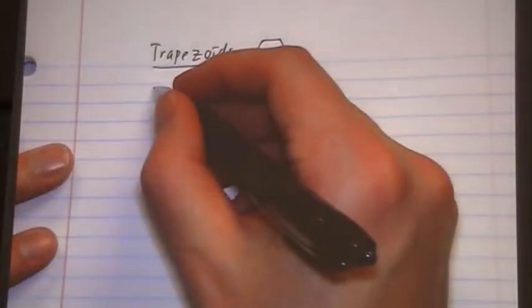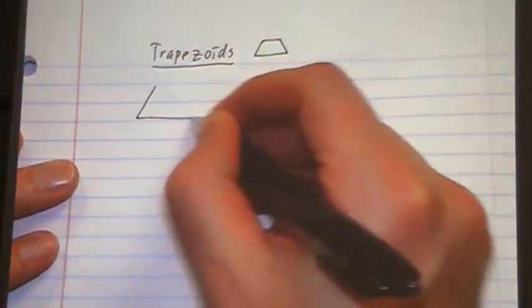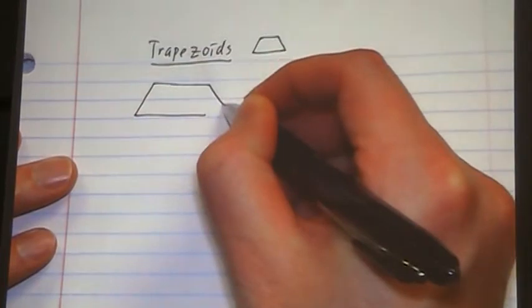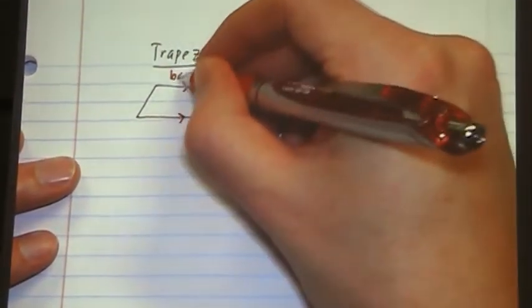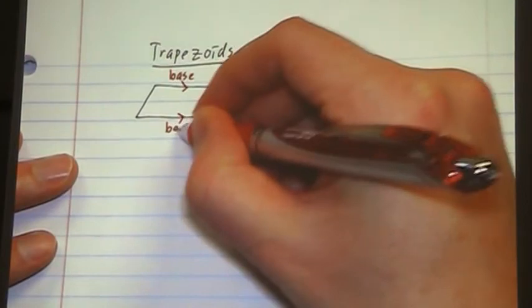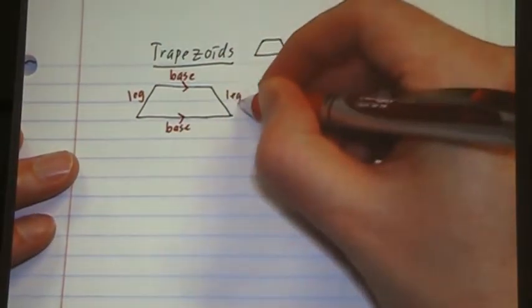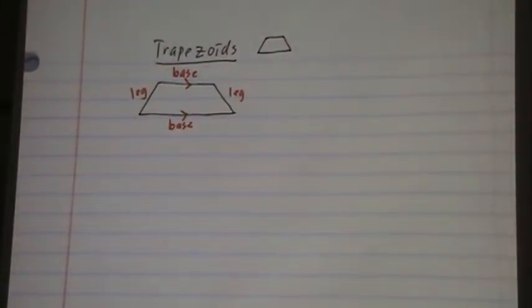Parts of a trapezoid we have to know: we have two bases that are parallel. The other guys are called legs, kind of like a triangle. And a trapezoid has exactly one set of parallel lines.